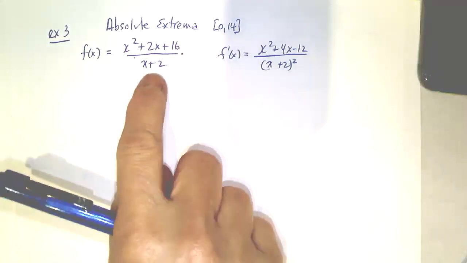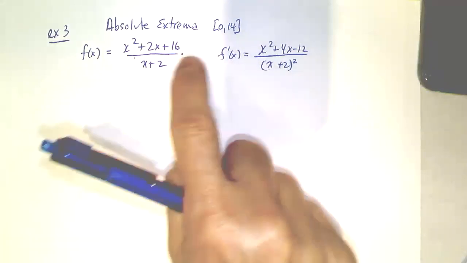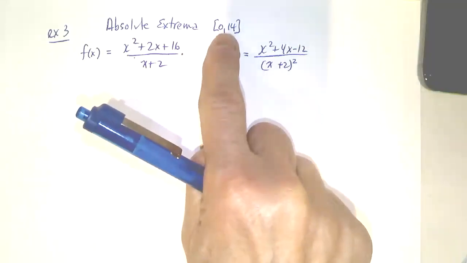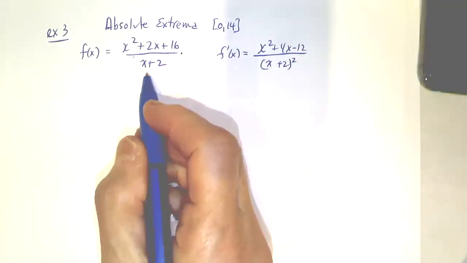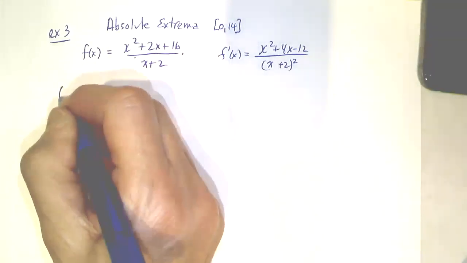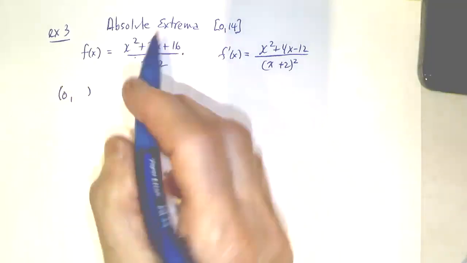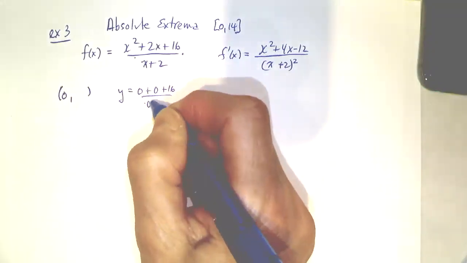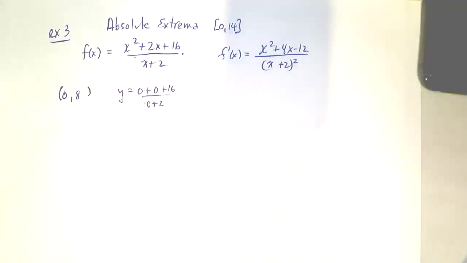Now, the function doesn't exist at -2, but that doesn't cause us any problems because the interval that we're investigating, that's not a part of it. So what I do is I take the endpoint, I let x be 0, and I work out the y value that pairs with that, and of course that works out to be 8.